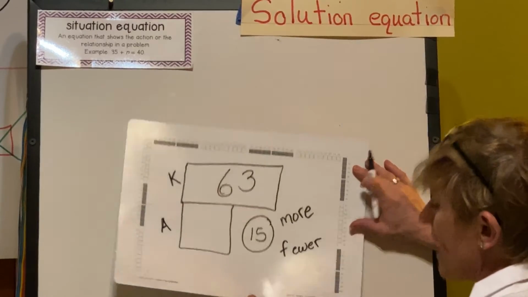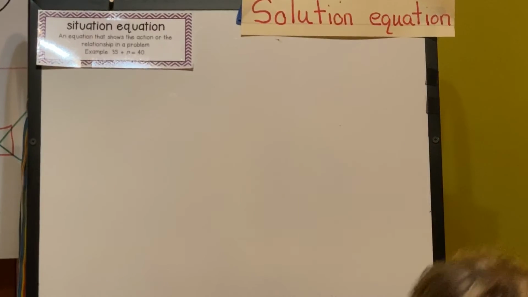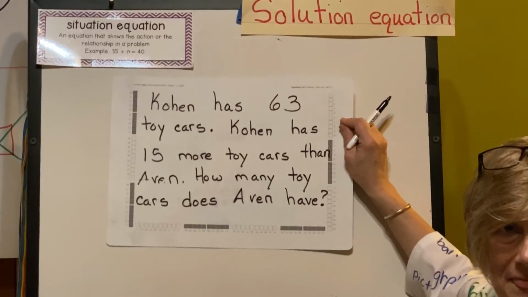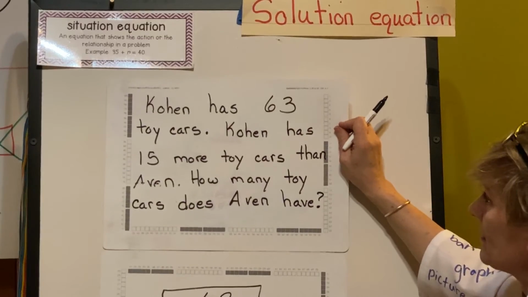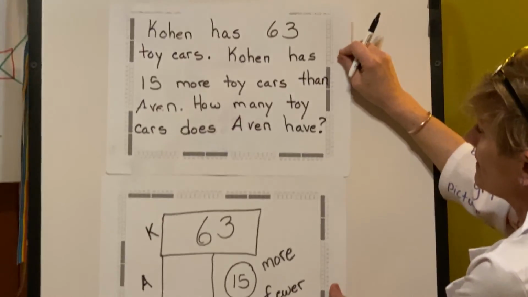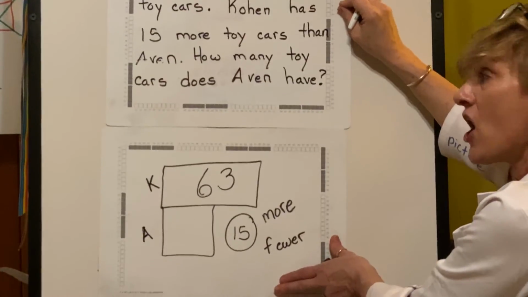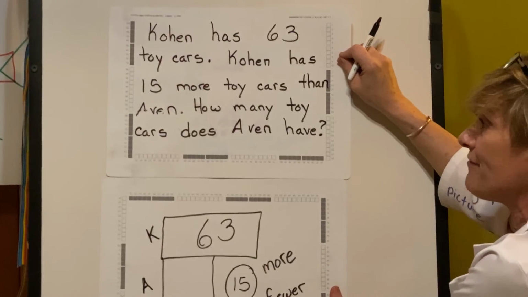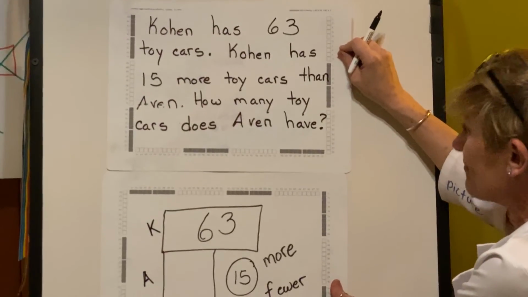So I'm going to give you my story problem for this comparison bar. Here's my story problem for it. Cohen has 63 toy cars. Cohen has 15 more toy cars than Avon. How many toy cars does Avon have?